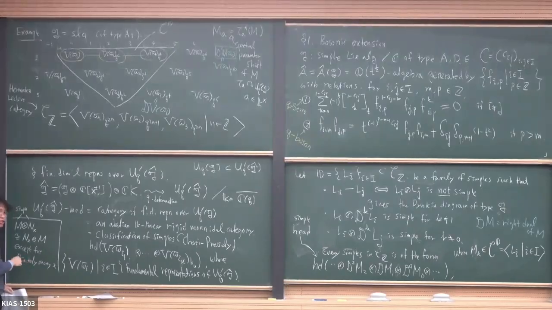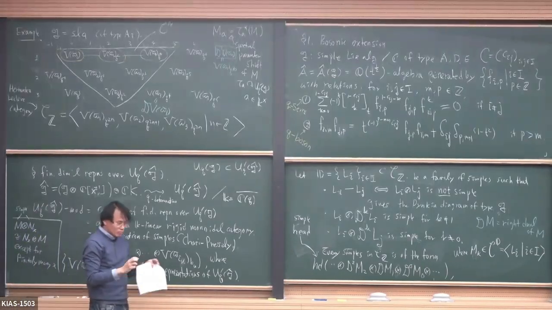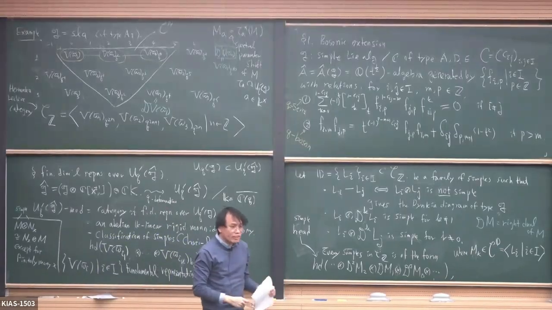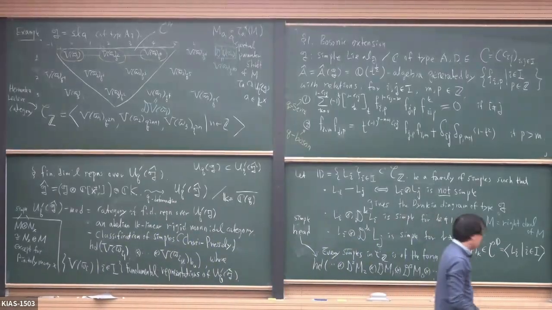What I mean is that generically they are isomorphic, but for a special choice of x they are not isomorphic. So it's not braided exactly, but we can say it's generically braided.